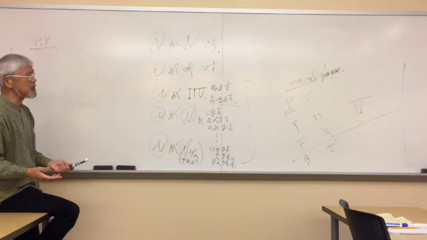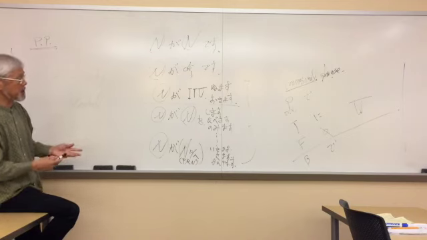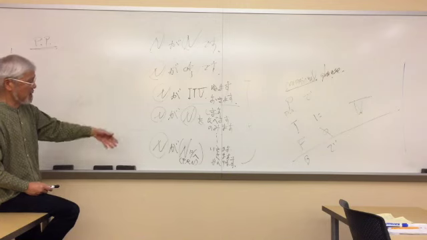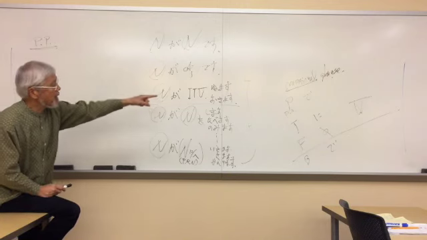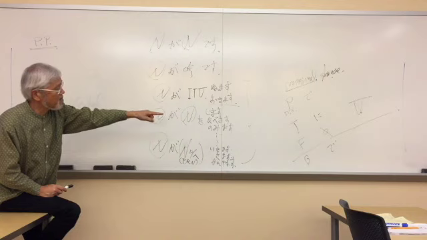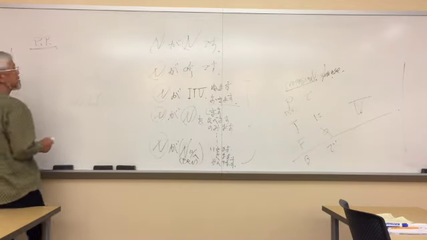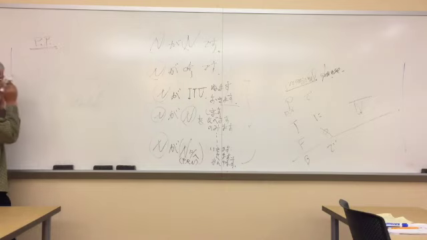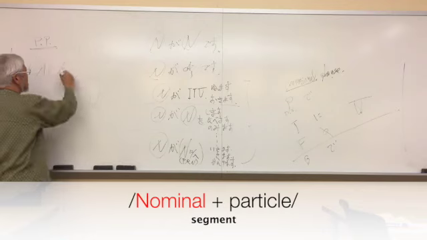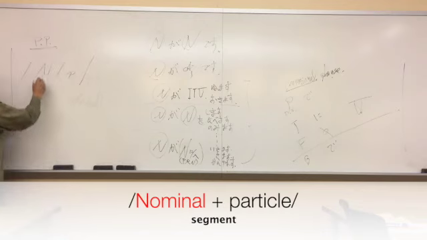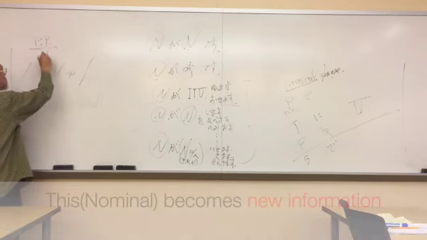In this lesson we have a bunch of primary particles: not only ga, o, ni, and de, and ni, and e, and de is later on. Anyway, just remember that whichever particle comes, this becomes a primary particle.